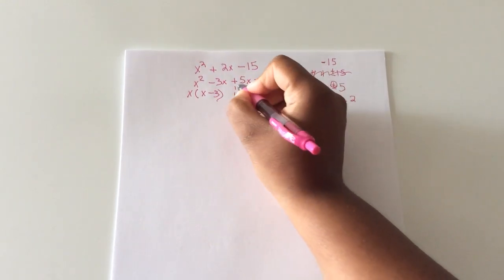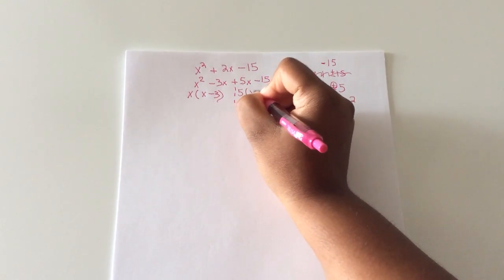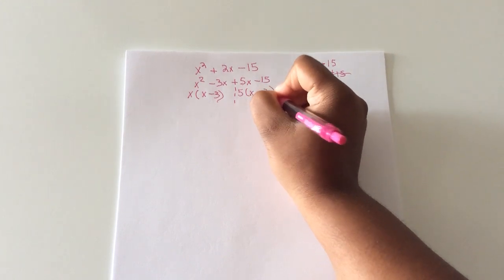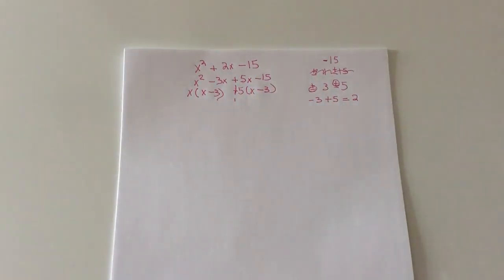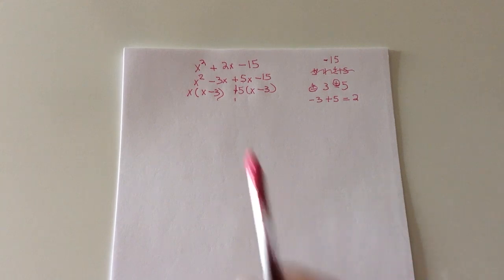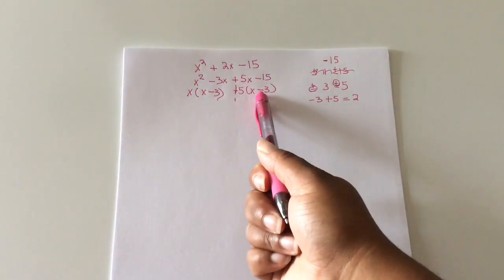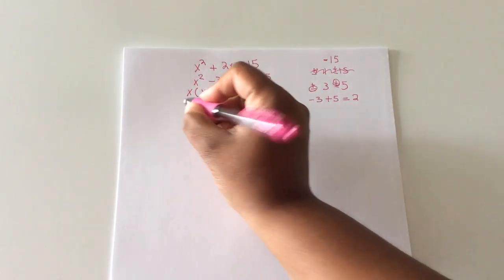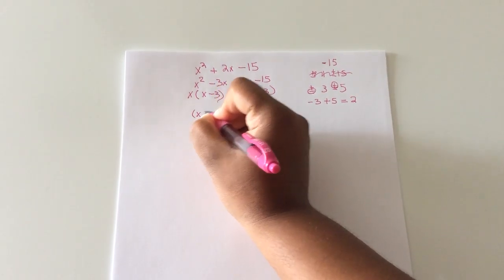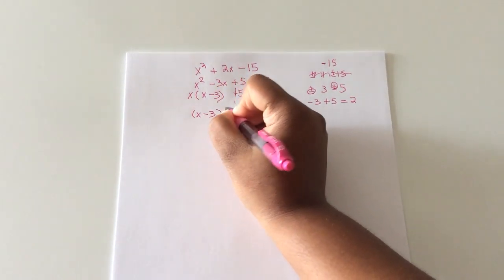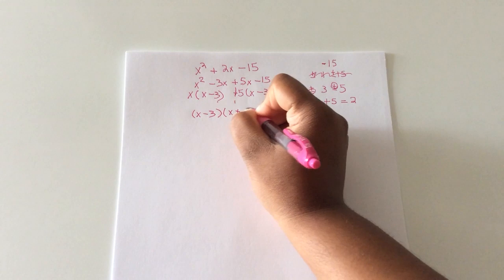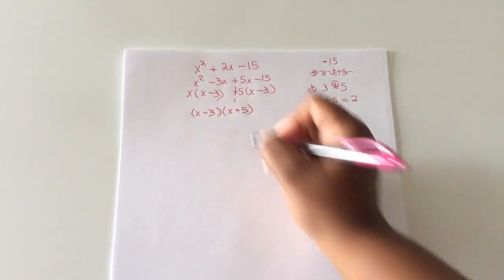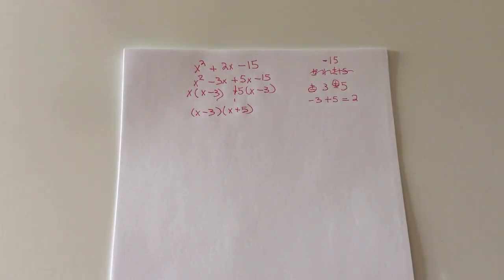Over here, 5 comes out, leaving x minus 3. I always forget to write the positive. Then we see we have x minus 3 in both of them, so we factor that out as well, and I'll write my x plus 5. There you go, voila.